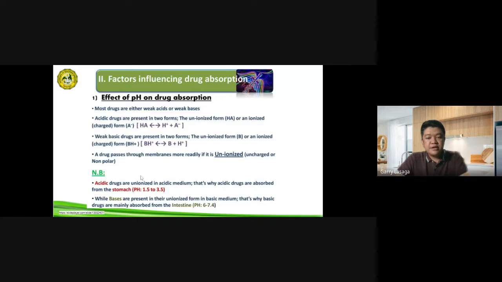That's why acidic drugs are absorbed from the stomach with a pH of 1.5 to 3.5. For bases, they are present in their unionized form in basic medium. That's why basic drugs are mainly absorbed from the intestine. The intestine has a pH of 6 to 7.4.